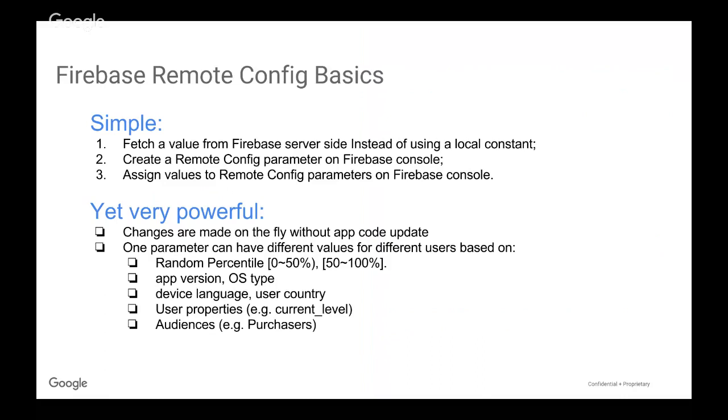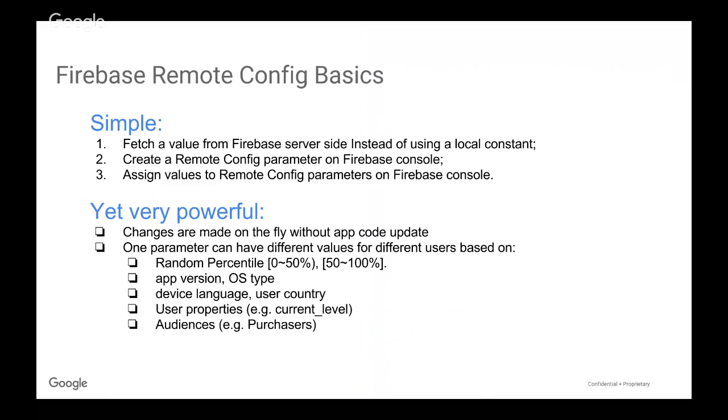So if a user is within, let's say, 0 to 50%, or between 50 to 100%, you can assign 2 different values to these 2 different groups. And once a user is assigned to one group, that assignment is persistent. This makes the random percentile assignment the core in Firebase remote config that enables A/B testing.